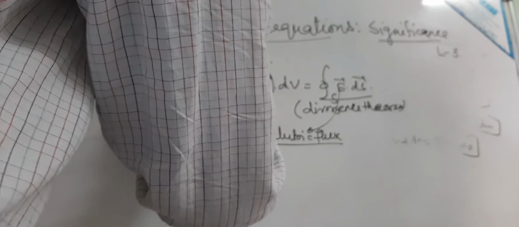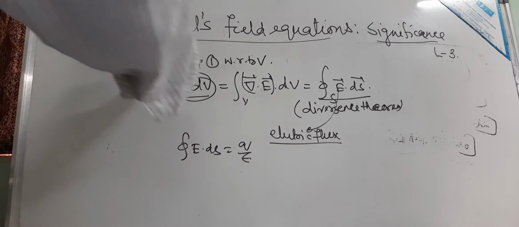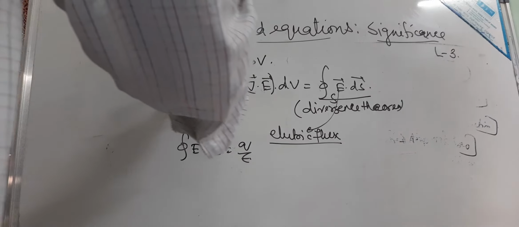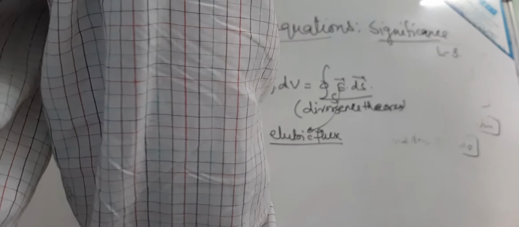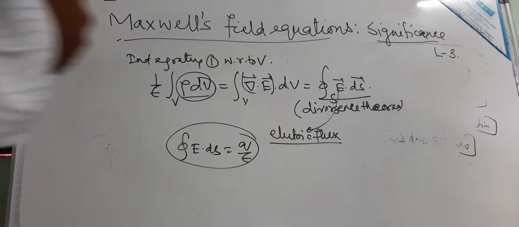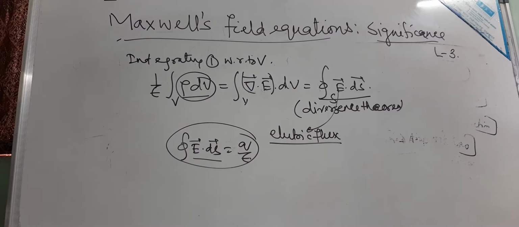The differential form, divergence E equal to rho by epsilon, is converted into the integral form, integration E ds equal to q by epsilon. This is the electric flux, and this is the charge divided by the permittivity. Again, this is Gauss's law.